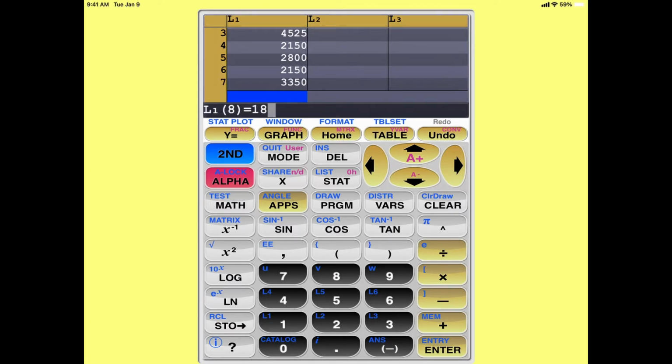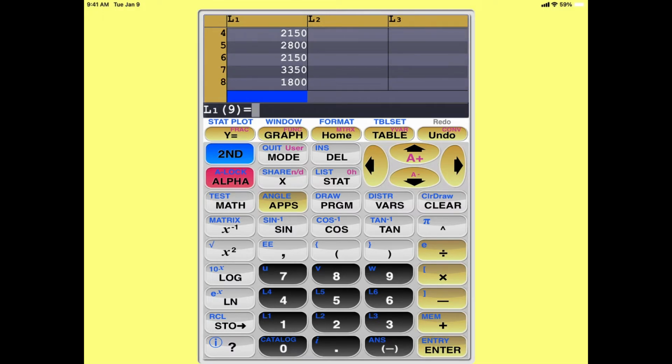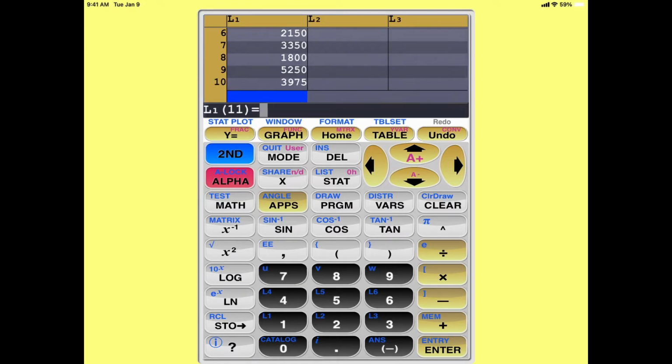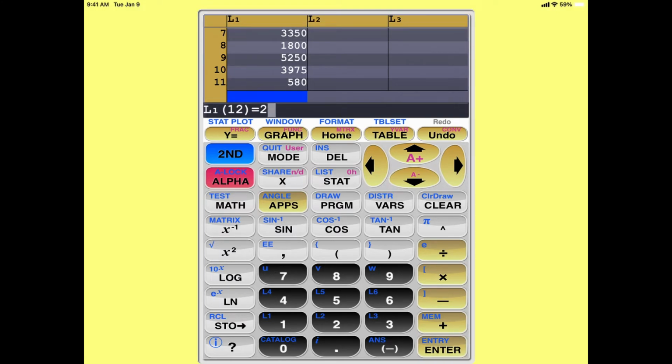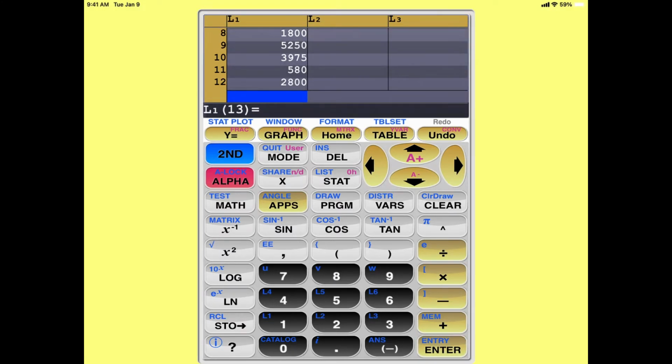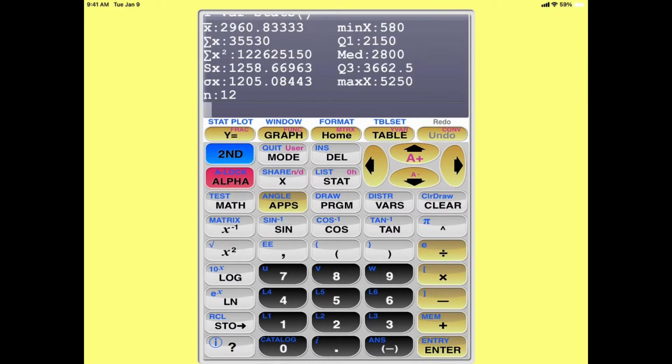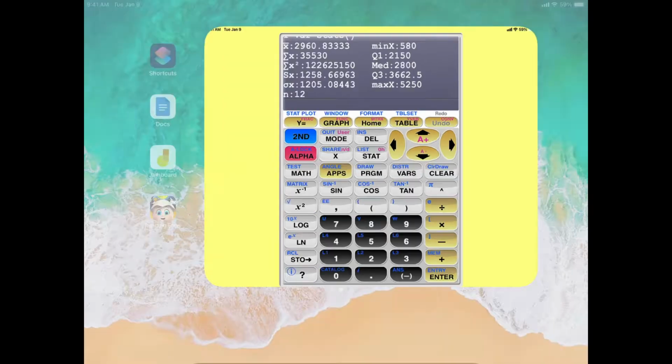It's a common mistake is you miss a number, so just like firmly press it. 3975, 580, and 2800. Okay, stat, calc, 1-bar stats. And we have 2960.8 and population 1205.1.